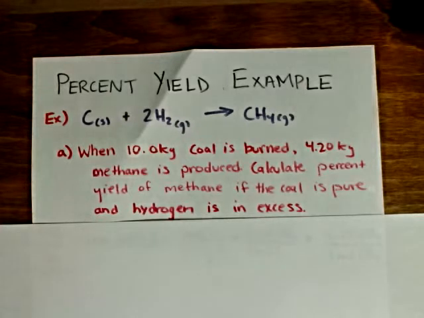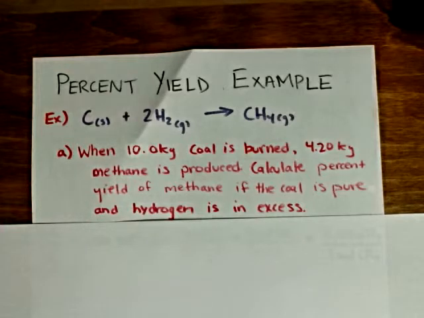So we've already been told that the hydrogen is in excess, and therefore the carbon is the limiting reagent. And if we weren't told this, we would have to determine the limiting reagent, because the limiting reagent will determine the maximum amount of product that can be produced.